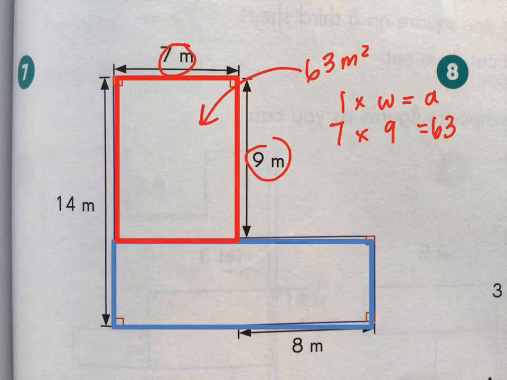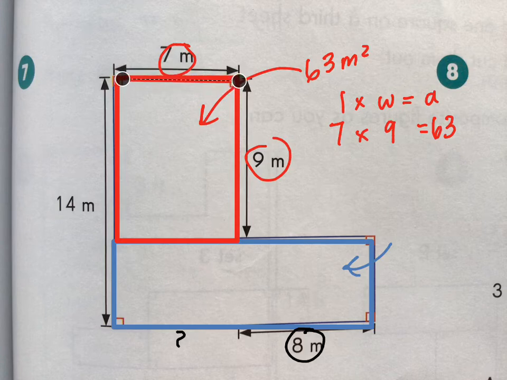And now I need to find the area of this bottom blue one. Okay, so let's look to see what we know. All right, so we need to find the length, and I know part of the length is 8 meters. This is the missing part down here, but I do see that if I were to take this side length up here, I'm going to highlight it in red, the 7 meters, and slide it down, that would perfectly complete that side.